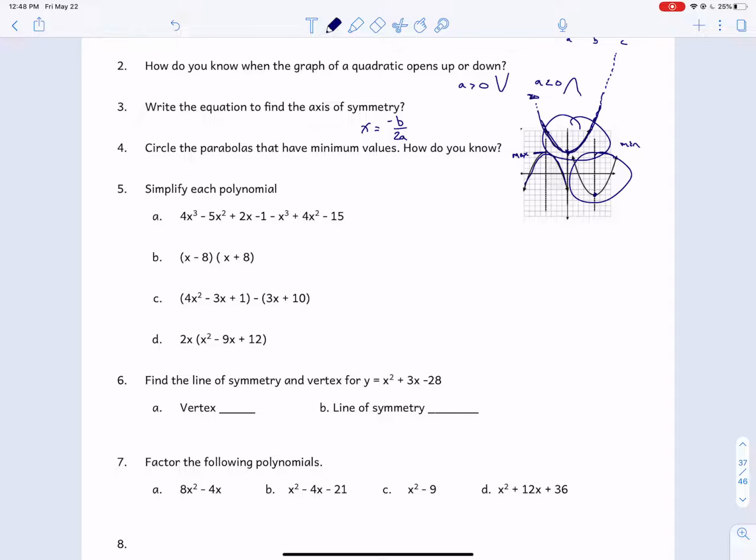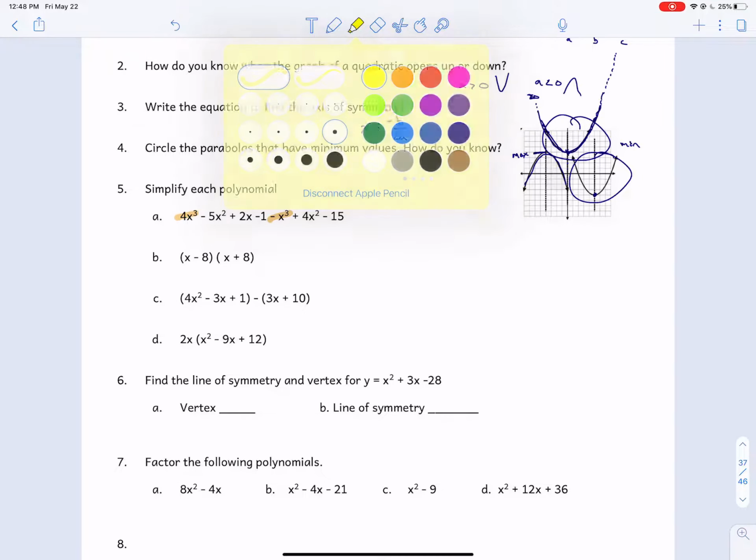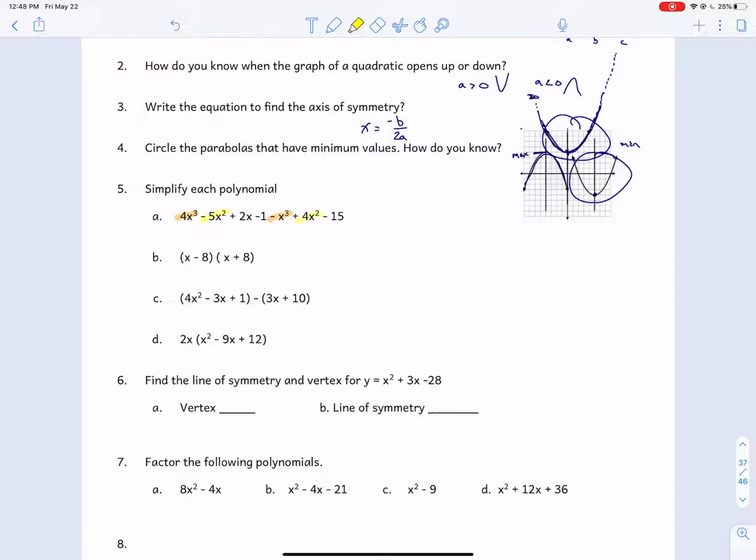Okay, and then the next part, simplify. The first one is combining like terms. So we have an x cubed term there and there, we have x squared, then we have just one x term, and then we have two constants or two numbers. So just combine those together and write it out as one polynomial.